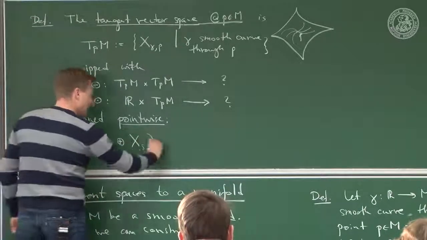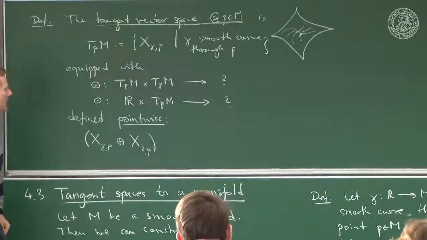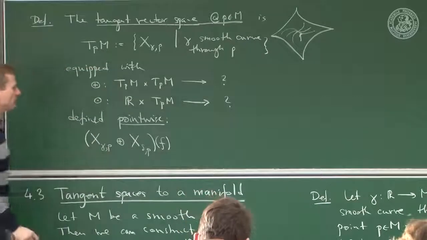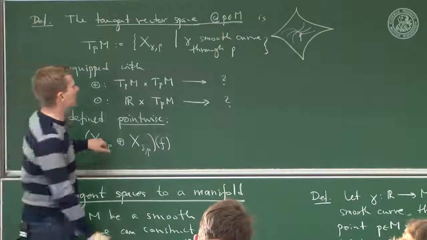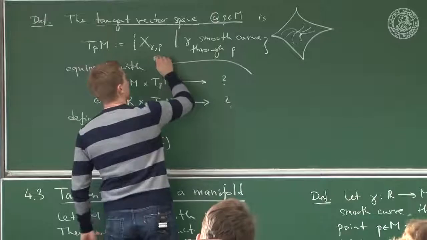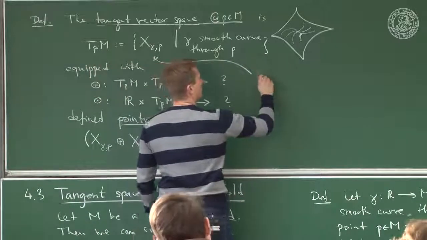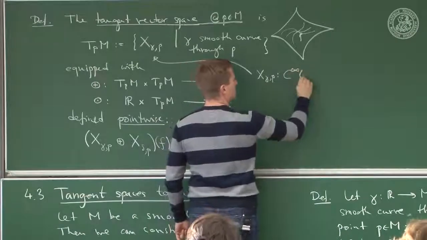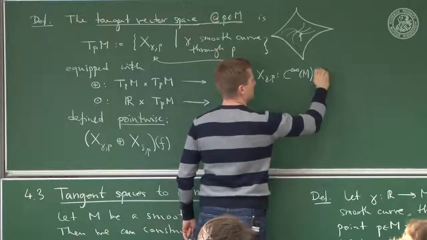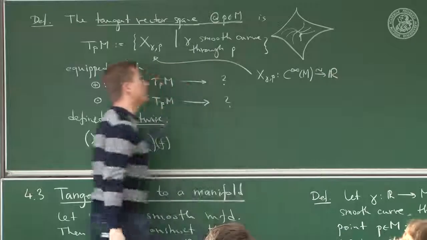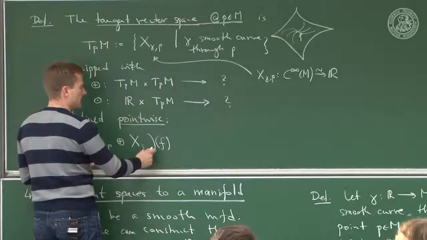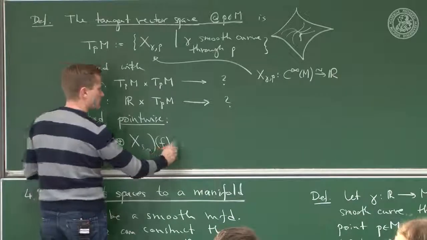And I can define this sum by evaluating this on a smooth function f, because x gamma comma p is structurally a linear map from C infinity M to R. So I can define the sum by telling what new map this is supposed to be.